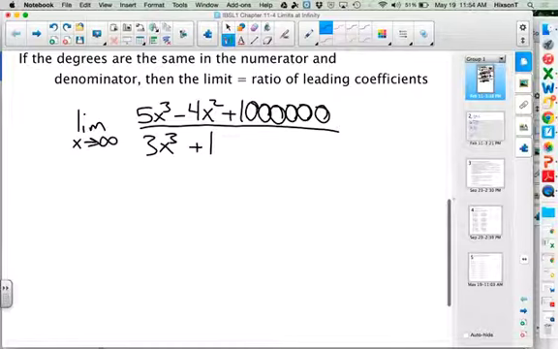As x gets larger and larger, what is our limit going to approach? 5/3. And you might say, well, what about this? I mean, this has a plus 1 million. That just moves it up. Compared to infinity cubed, 1 million is nothing. So we don't care what all this is. In the end it is insignificant.